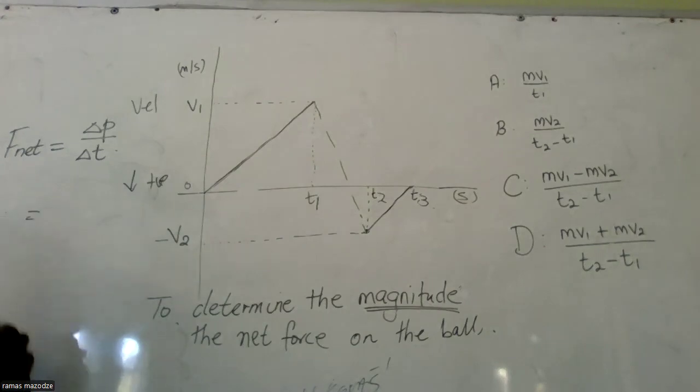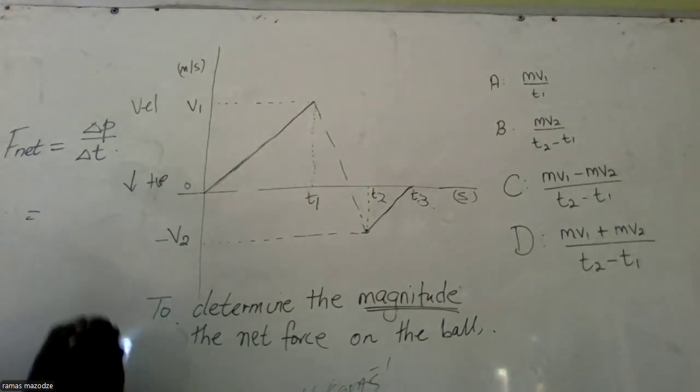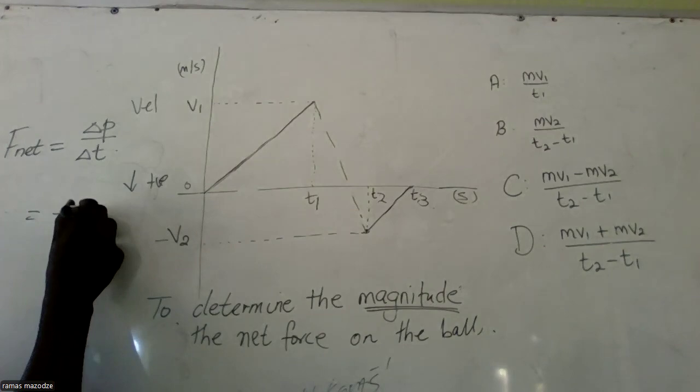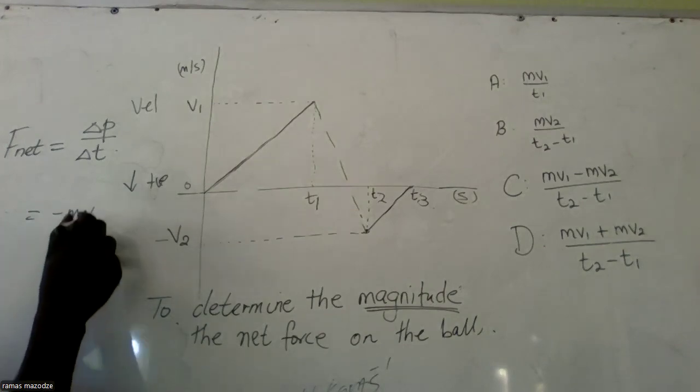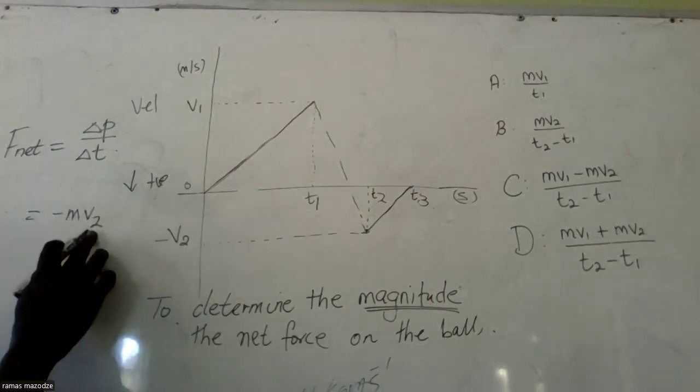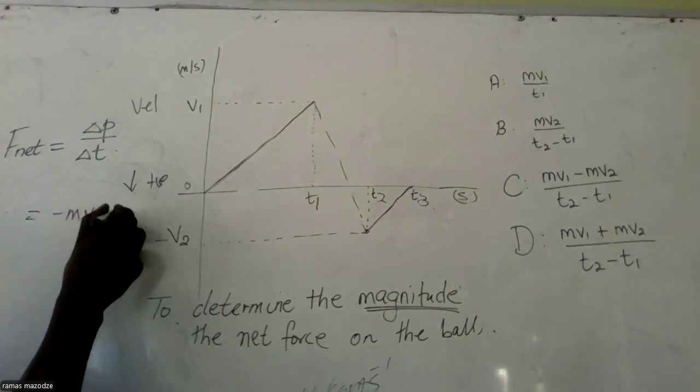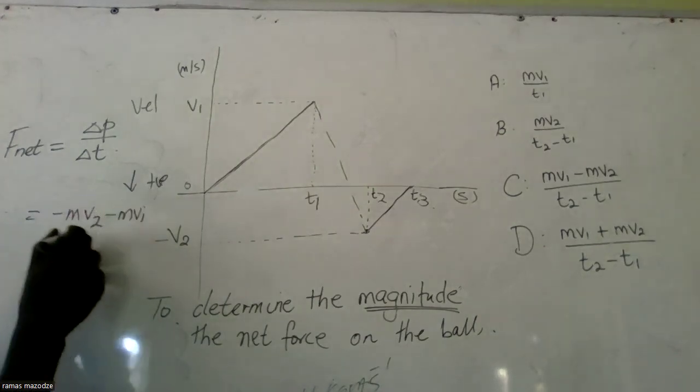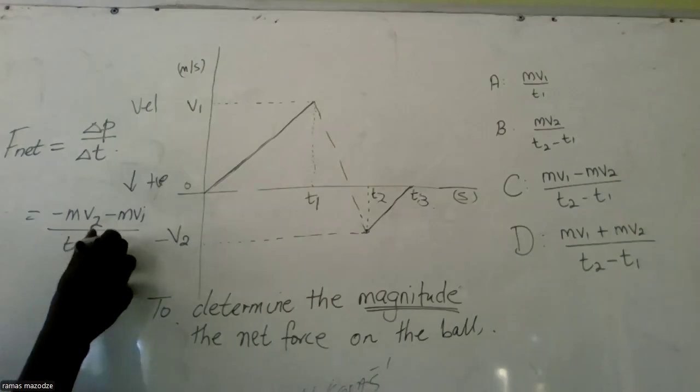So the change in momentum would be minus mv2, since the final velocity is negative, minus mv1, over t2 minus t1.